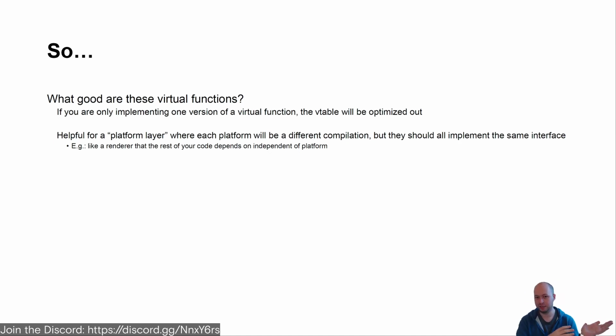But with that said, in the same breath, optimize early and often when you can. So don't throw virtual functions out the window because they're a slight bit slower than inline functions, but make sure you know what you're doing when you're using them.